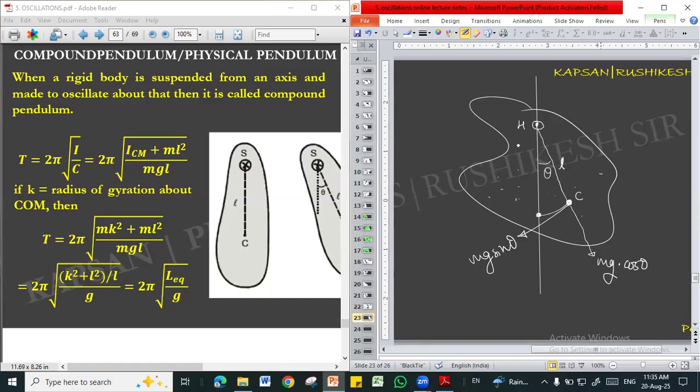There are thousands of point masses and all of them are oscillating. Yes or no? If you release it, all the point masses will come like this, will go like this, will again come back, will again go like this. So it's not one pendulum which is oscillating. There are thousands of pendulums, so it is called a compound pendulum. Do you understand?